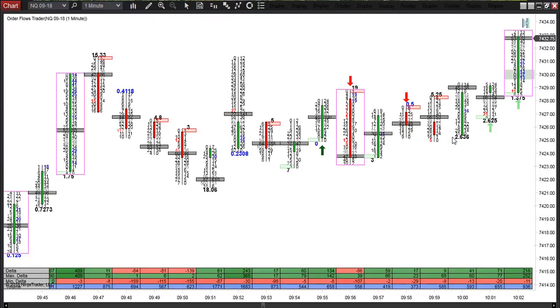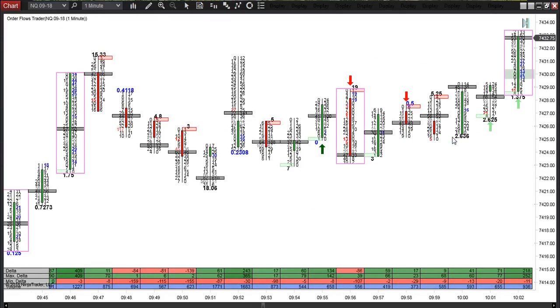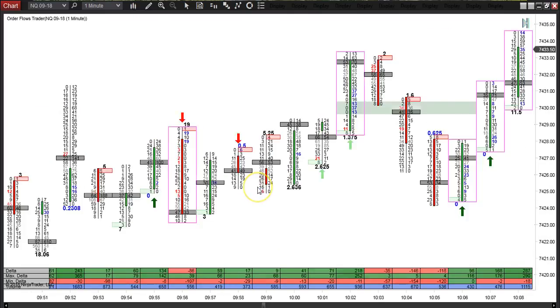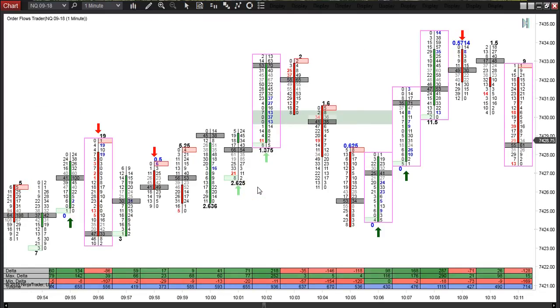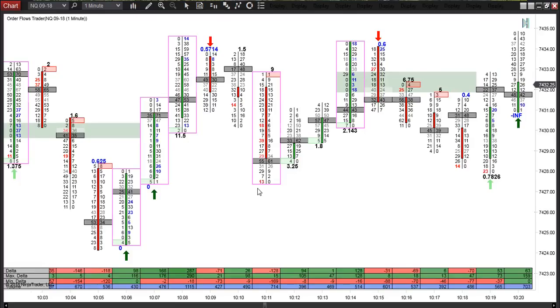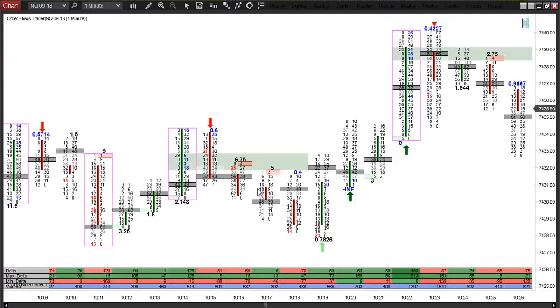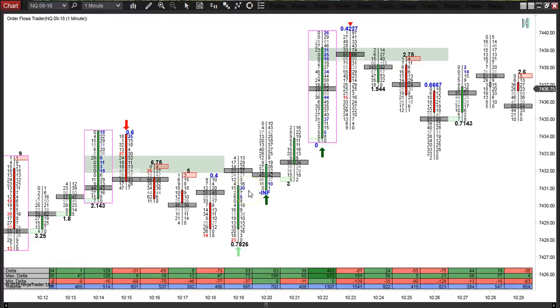But I see some of these tools and there's so many extra numbers. It's one thing dealing with a volume footprint chart with a lot of numbers, but then they start adding, like, bars with 5 different numbers on top and another 5 below it. And honestly, it just confuses me the more. It's not one of these things, the more stuff you throw at the wall and hope something sticks.